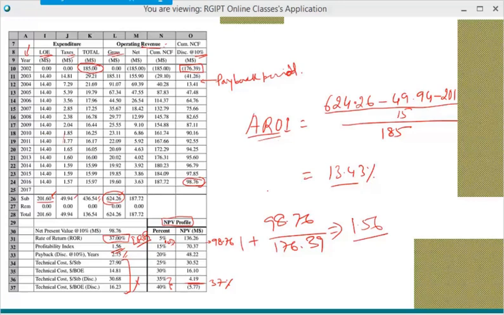These are the values that you are going to use to decide about any project. Okay, so any question? Any question?